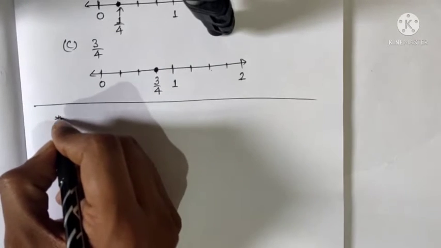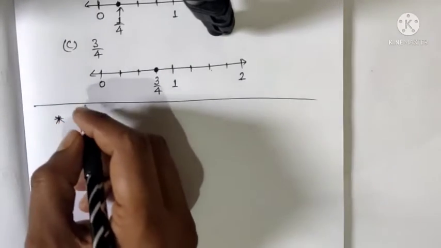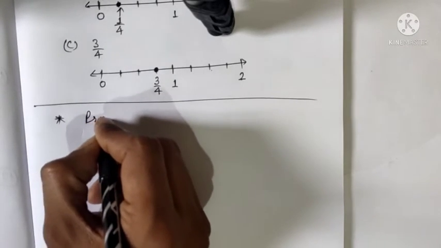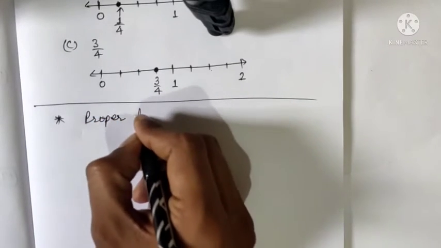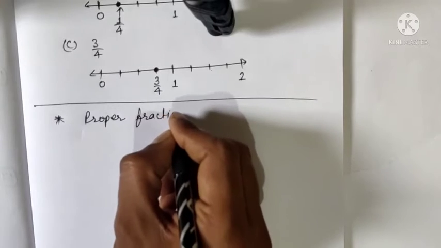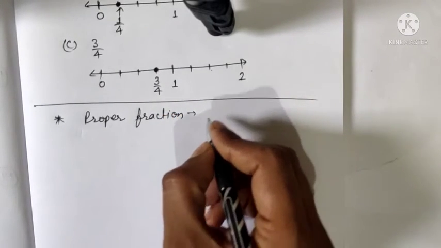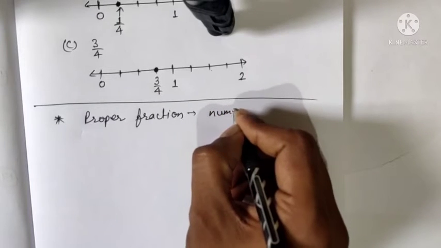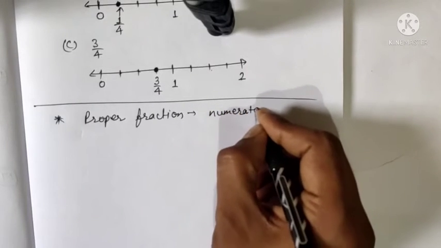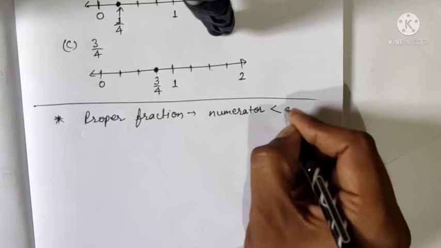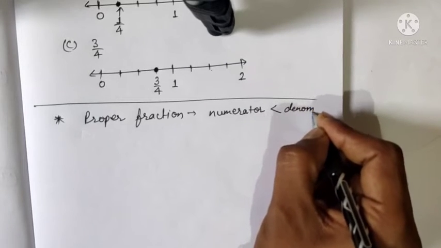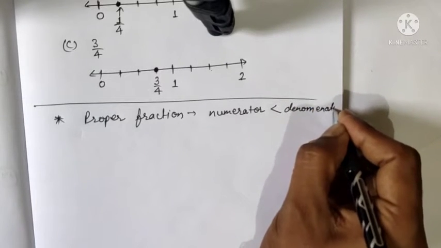To solve exercise 5.3, we have to build up some basic concepts of proper fractions and improper fractions. Actually, in proper fractions, the numerator is smaller than the denominator. So if in a fraction the numerator is smaller than the denominator, then it is known as a proper fraction.